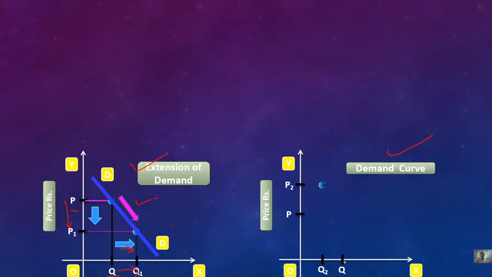Q is the original quantity demanded, which is shown on x-axis.